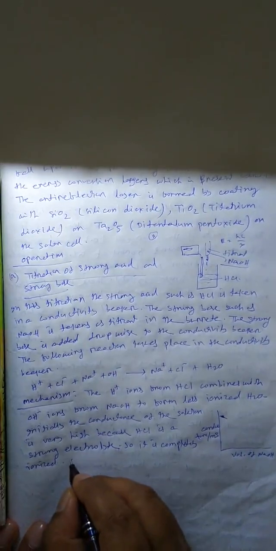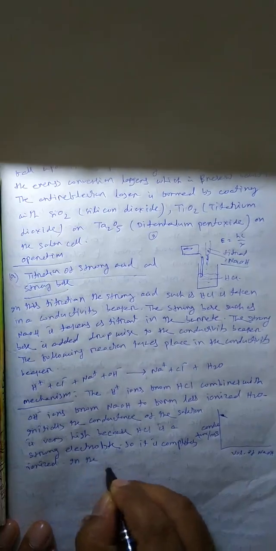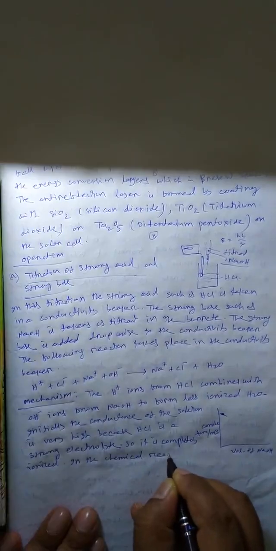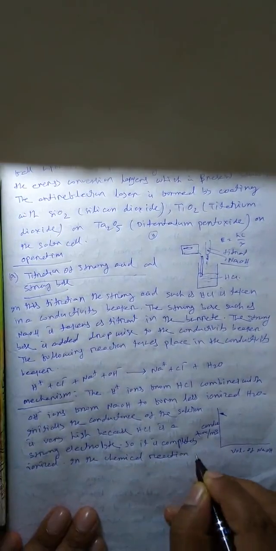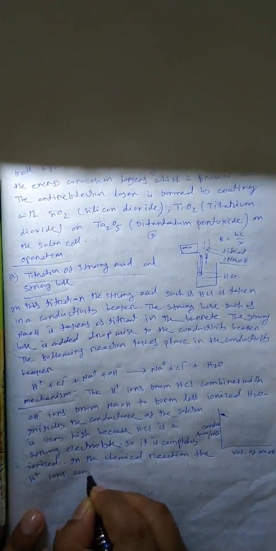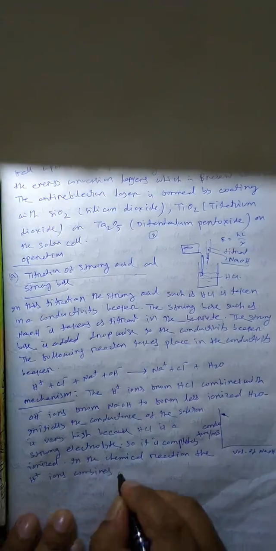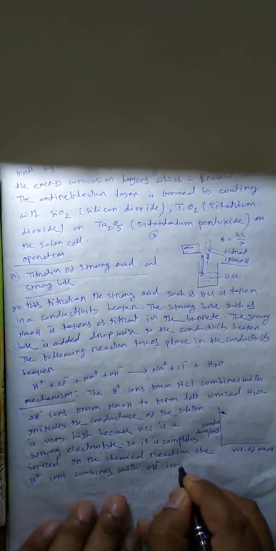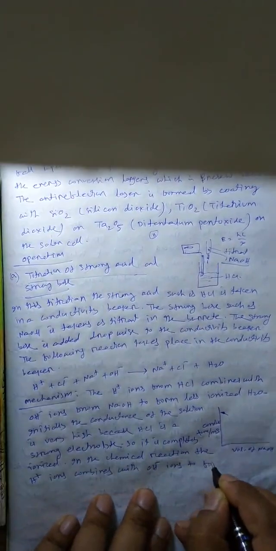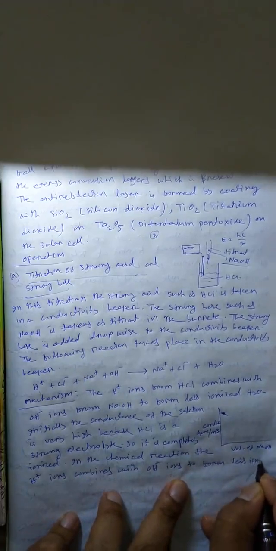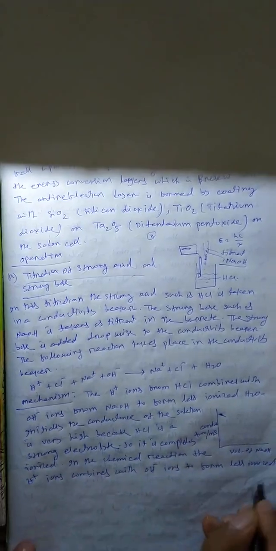So in the chemical reaction, the H plus ions combine with OH minus ions to form less ionized water.